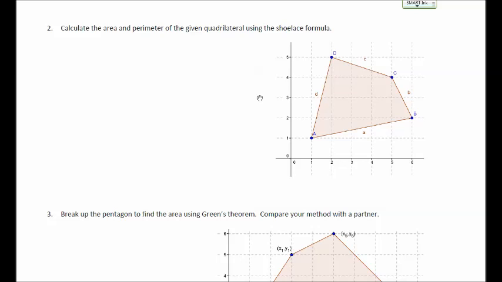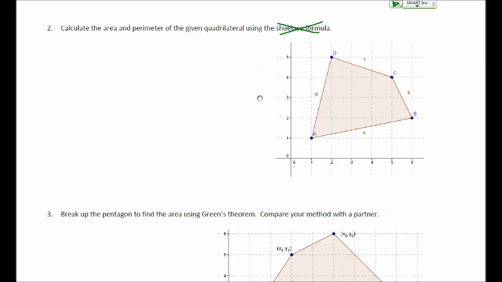We're asked to calculate the area and perimeter of the given quadrilateral using the shoelace formula, which we didn't talk about. And that's because I like the conceptual drawing the picture more than I like a formula that you may forget in a few weeks or a few months.